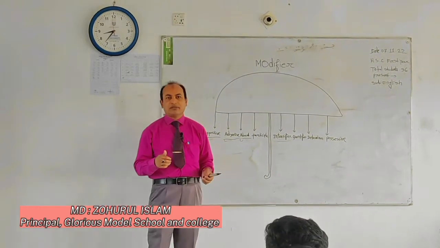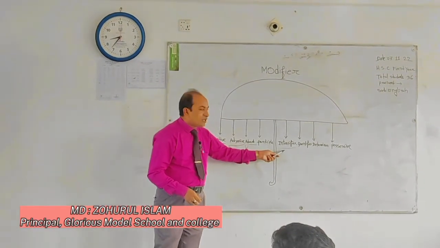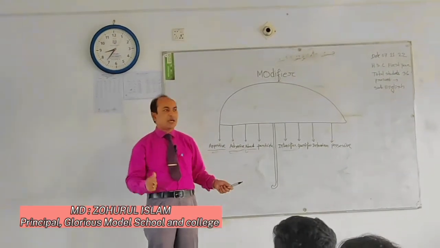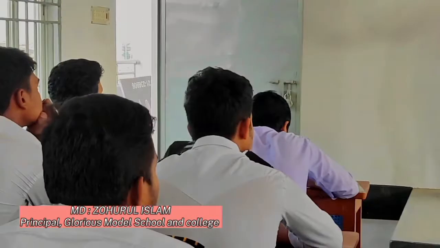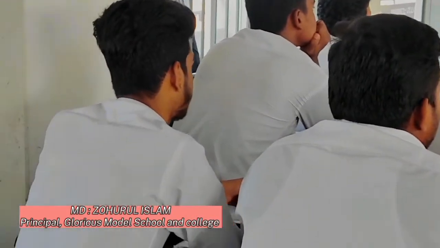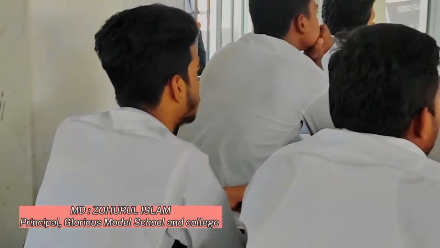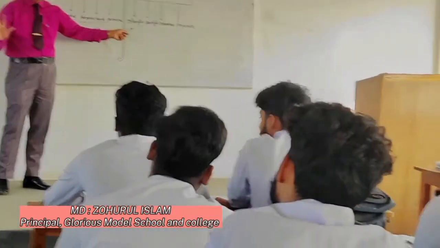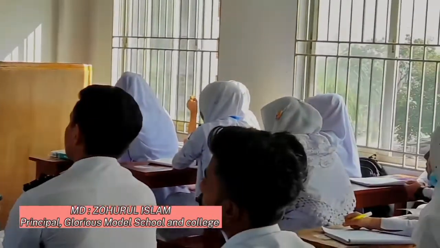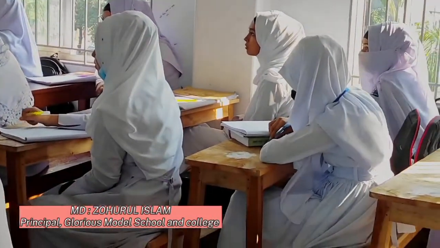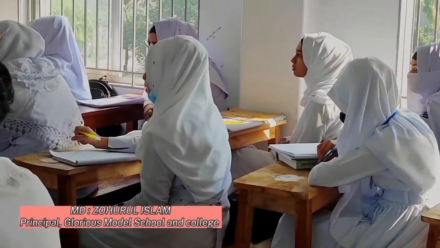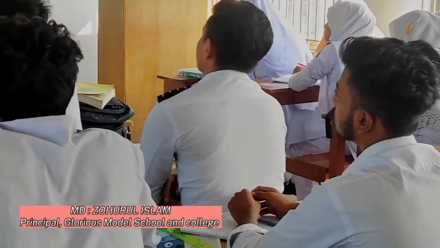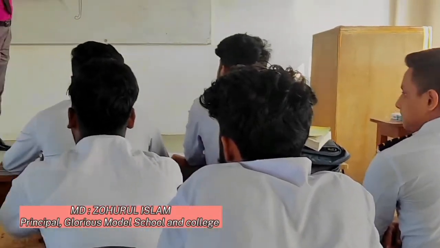Very is a common intensifier. Suppose he is a very intelligent boy. So very here is an intensifier. You can understand? The adverbs that are used before an adjective, such as extremely, very, enough, are intensifiers.